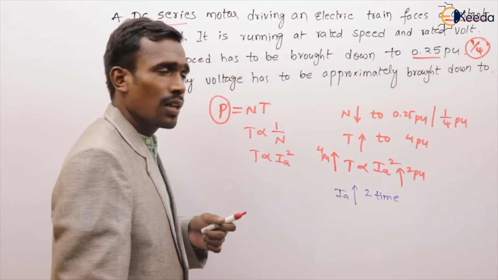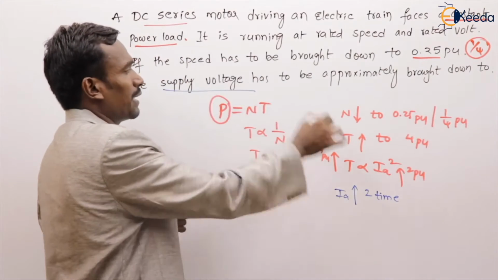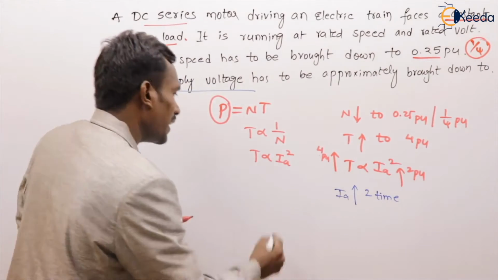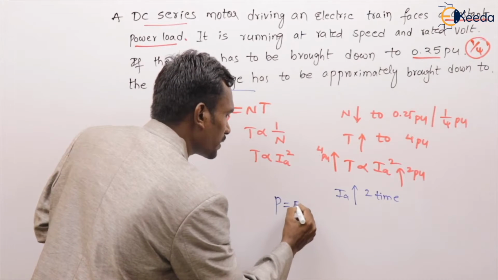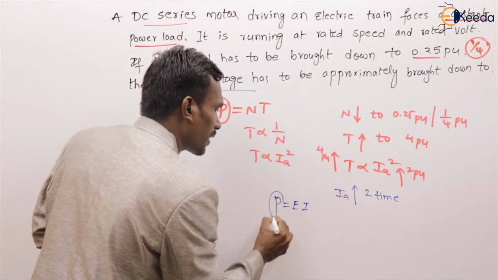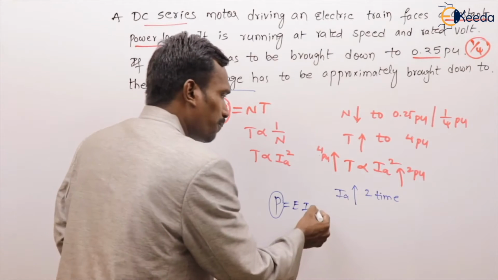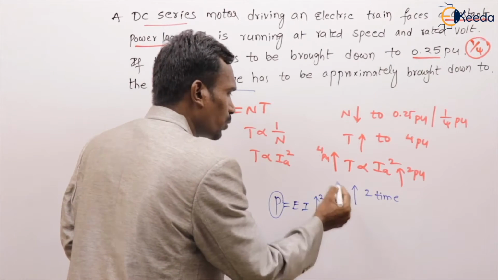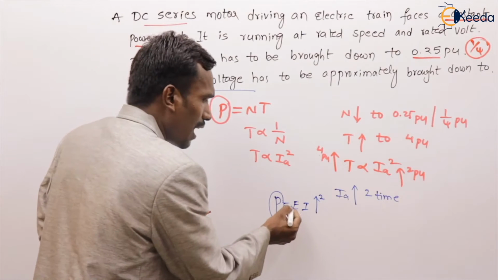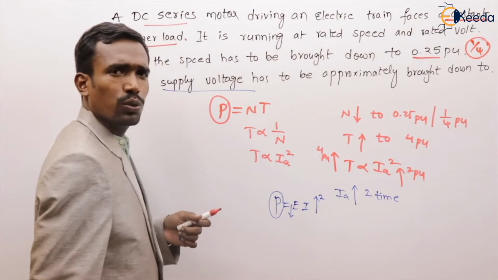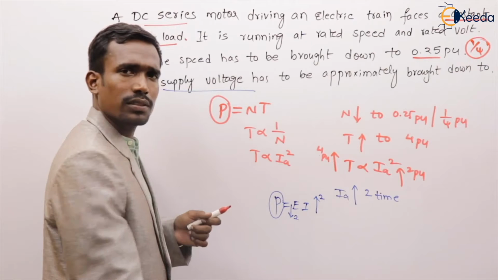Then what happened to the supply voltage? Again, here power is constant, P is equal to E into I. This should be constant. If current increased by 2 times, then our voltage should be reduced to half.